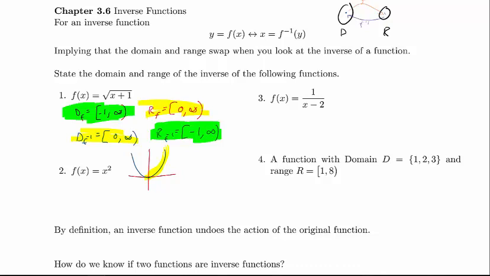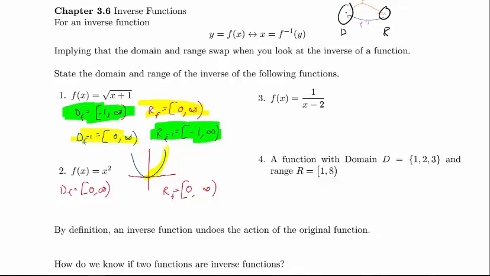So what is the domain of the function? Well, that's going to be 0 to infinity. What's the range of the function? Well, it's also going to be 0 to infinity. You can just kind of see from inspection. Right.